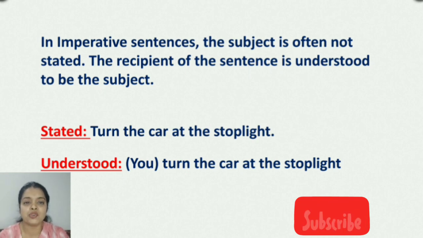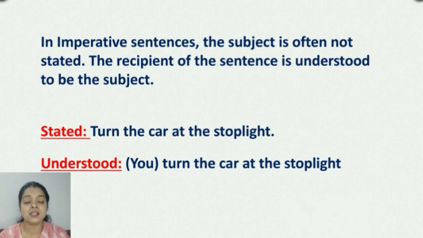There is nobody mentioned. So always remember, whenever it is an imperative sentence, something which is invisible here is the word you. It's a pronoun. And in all imperative sentences, we have the subject, only you and nothing else.